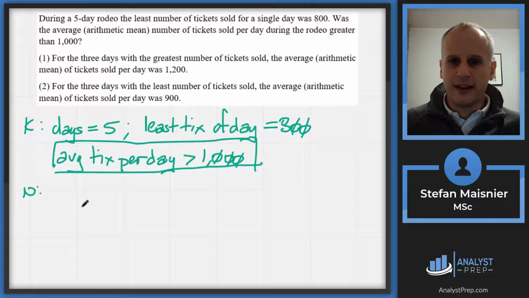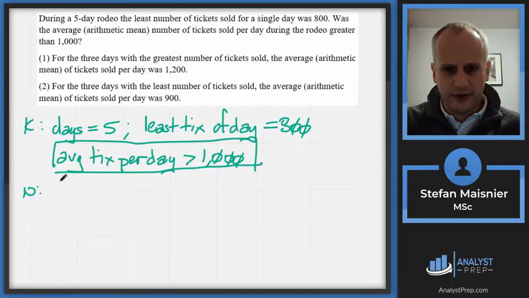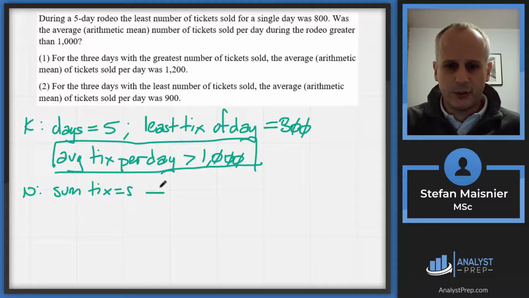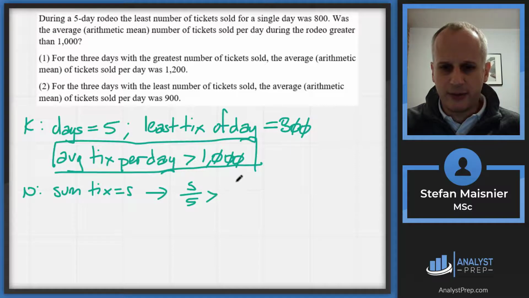So we start, and we know that we've got 5 days of a rodeo, and we know how to solve for an average. So we know that the sum of the tickets, we can just say that's S. And if the sum of the tickets is S, we know that S divided by 5 now has to be greater than 1,000, because that's how we'd actually get our average.